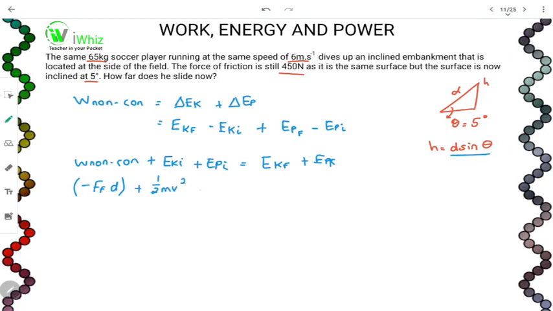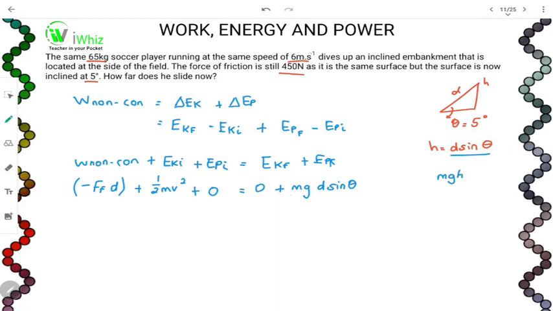Then we are saying the potential energy initial is equal to plus 0, because we're saying that that's 0. And the kinetic energy final, also 0, plus potential energy final. What is the potential energy final? We said that it's going to be mgh. So now we have mg, and h is represented by d sine theta.